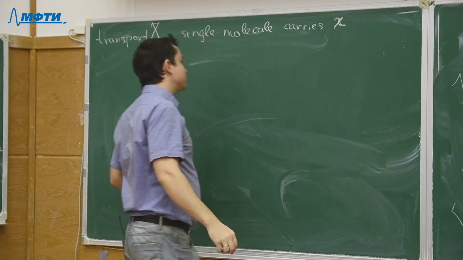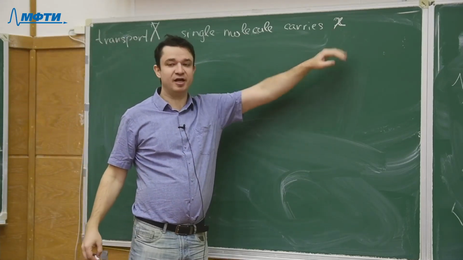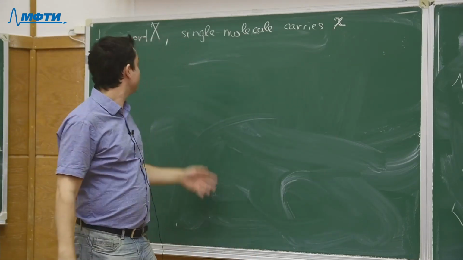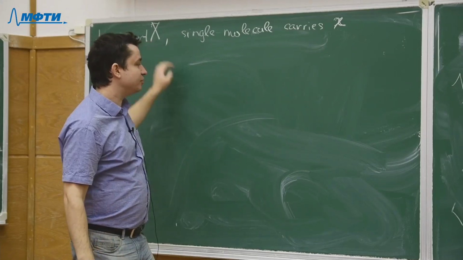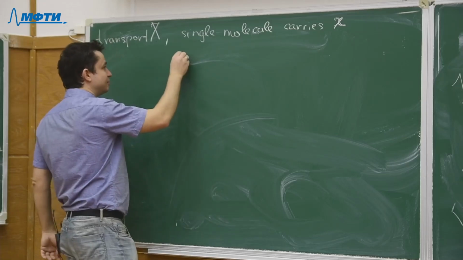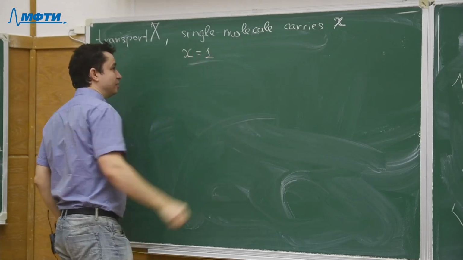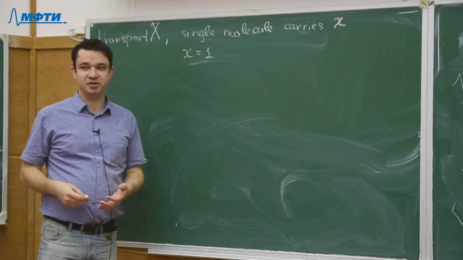So the macroscopic quantity capital X can be determined by summation of small x, and when they add up, they would give us a capital X. Well, I guess you can even say that, for example, for the diffusion, x equals 1. So a single molecule just carries itself.